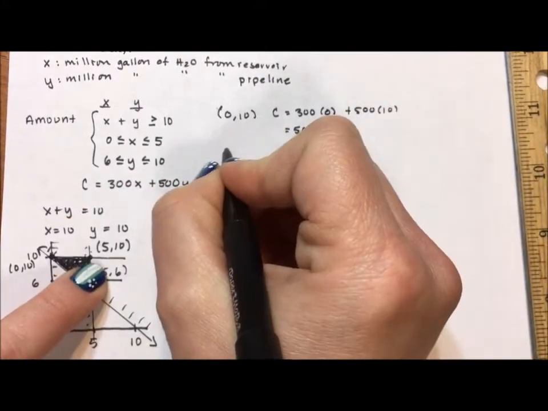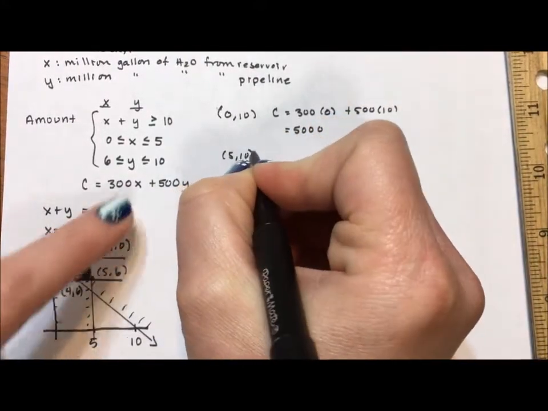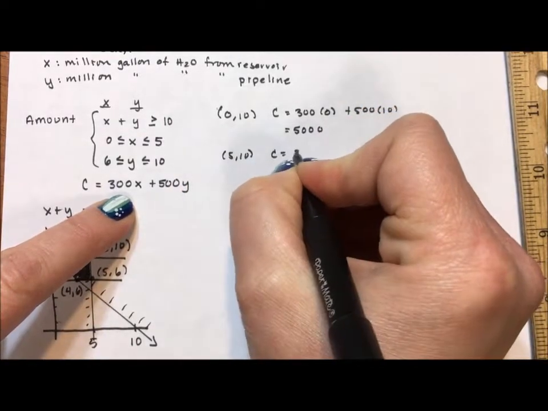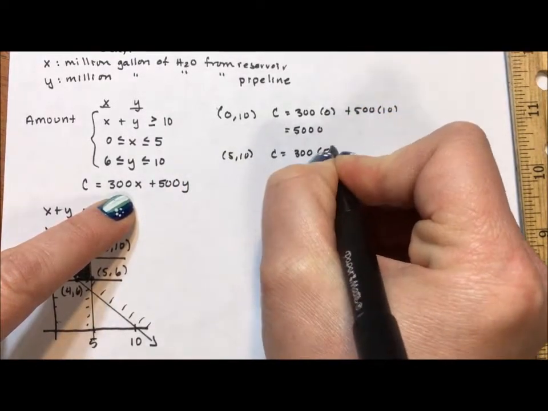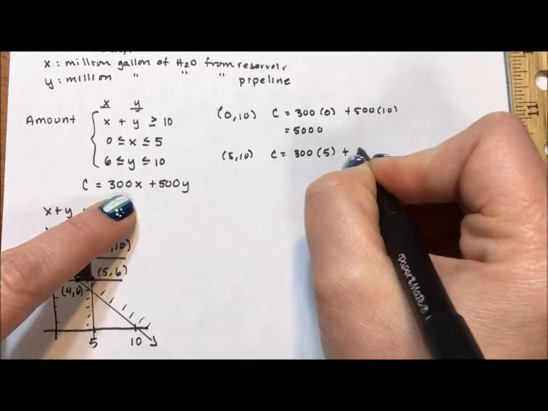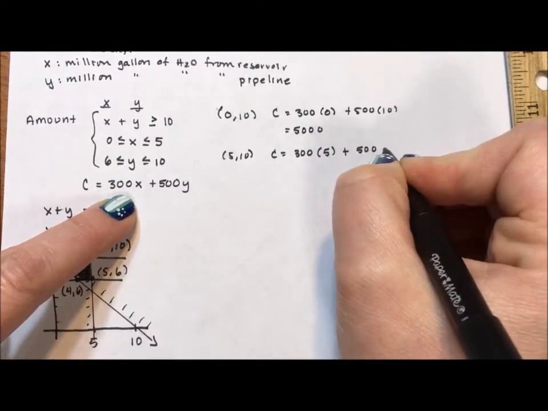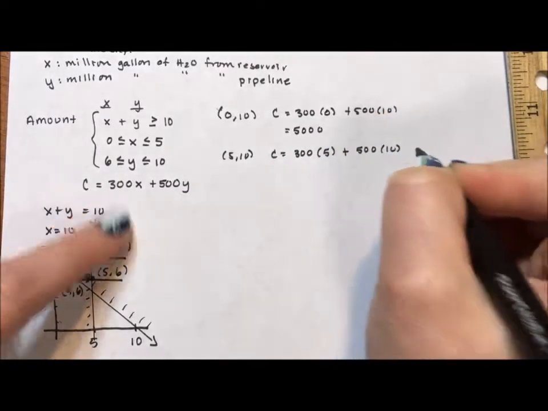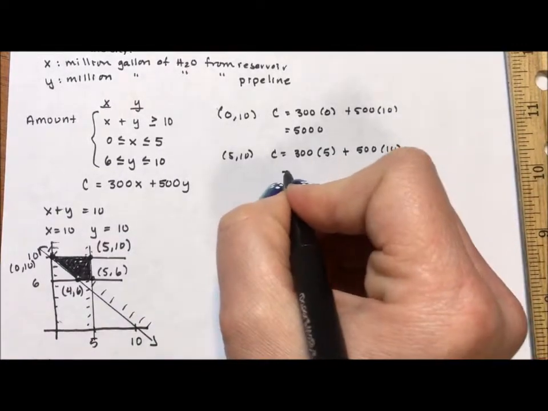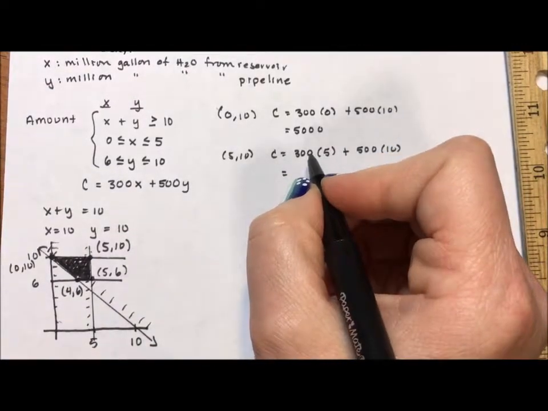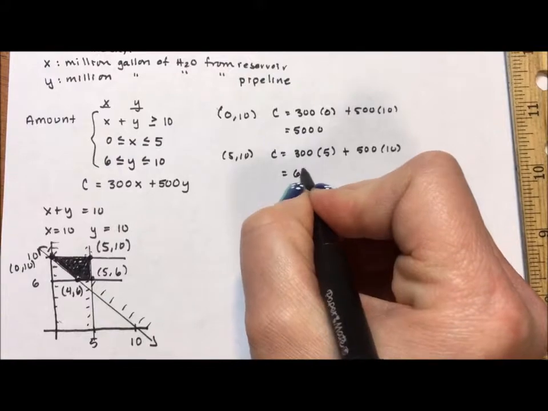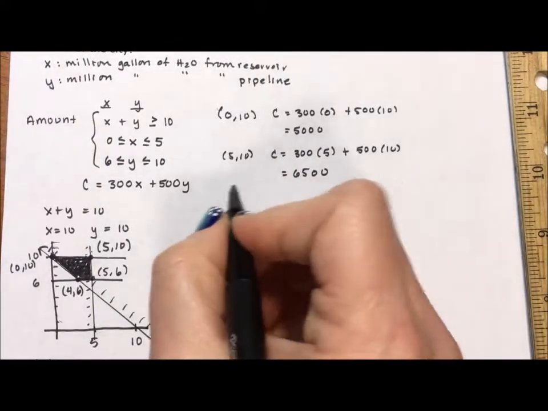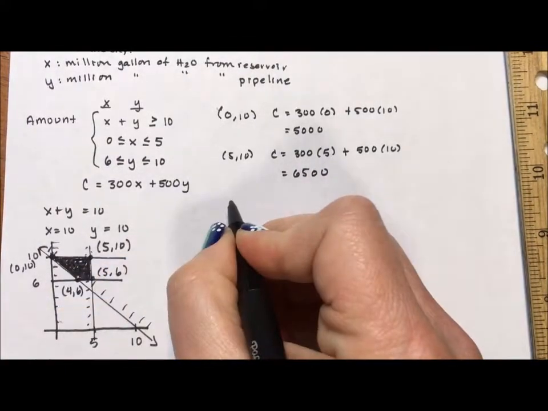My next point is 5, 10. The cost is $300 per 5 million gallons from the reservoir plus $500 for each of the 10 million from the pipeline, for a total of $6,500. Next, I'm going to come down to 5, 6.